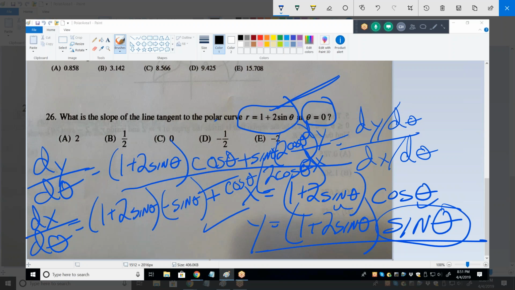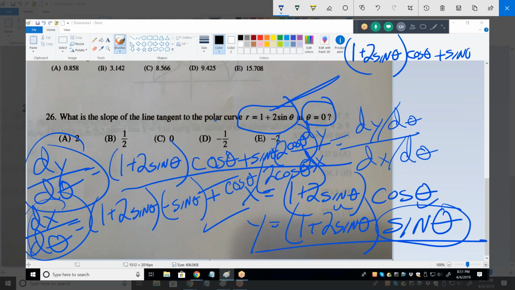So here's our dy/d theta and here's our dx/d theta. I'm going to write it up here at the top. I'm going to write the dy/d theta first: 1 plus 2 sine theta times cosine theta, plus sine theta times 2 cosine theta. I never have enough room.